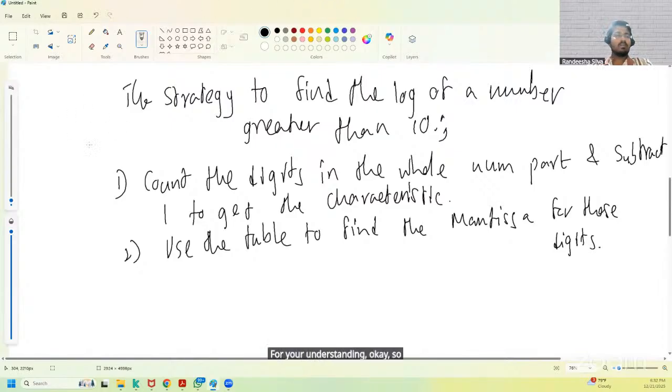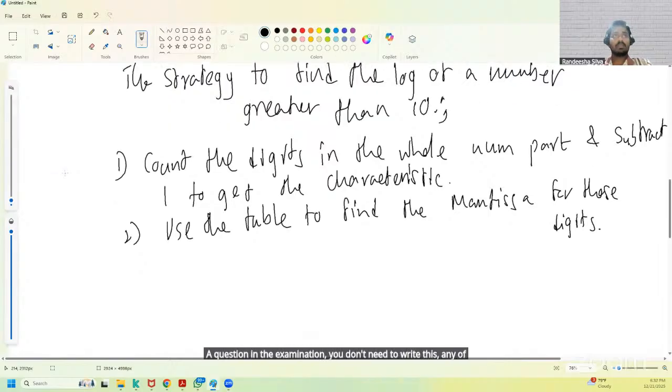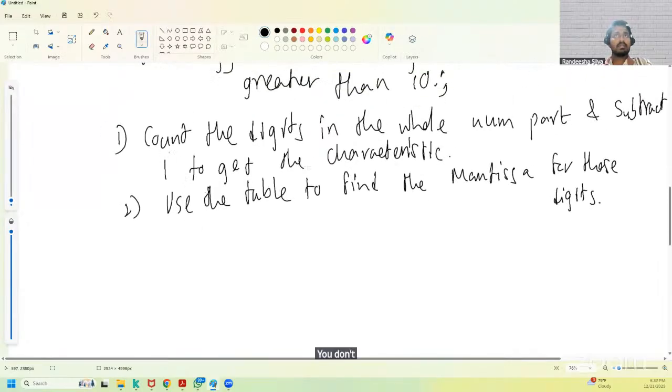When you're doing a question in the examination, you don't need to write any of these steps in words, but you have to show what you are doing. Then the third one. What's the third one? You have to combine them.